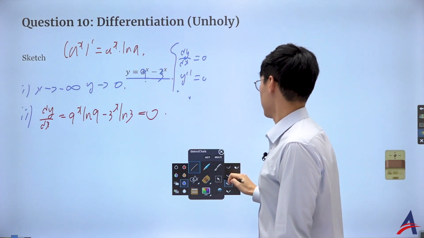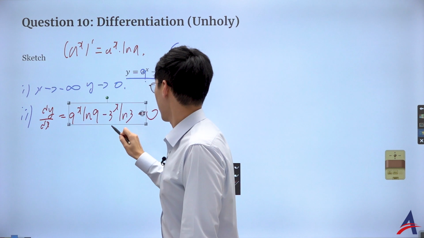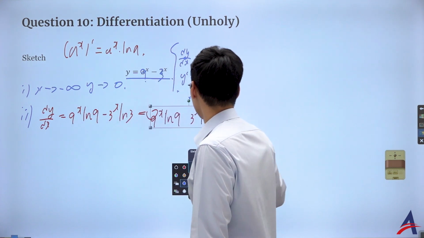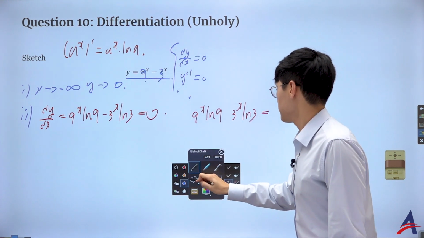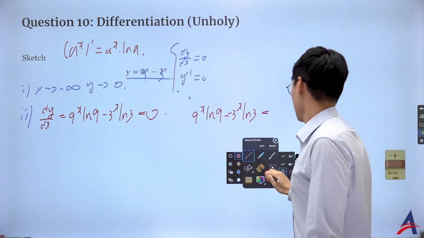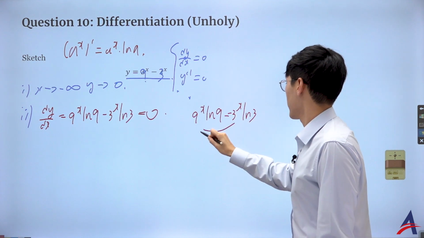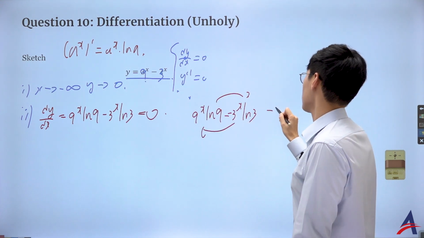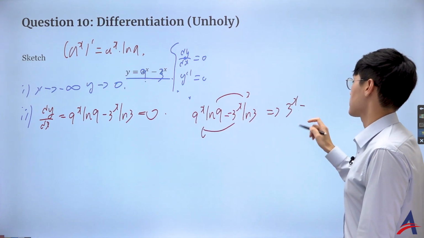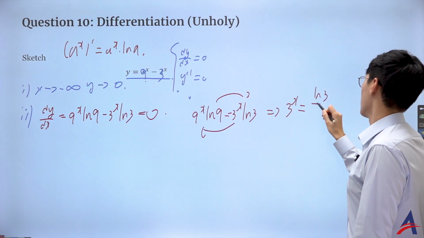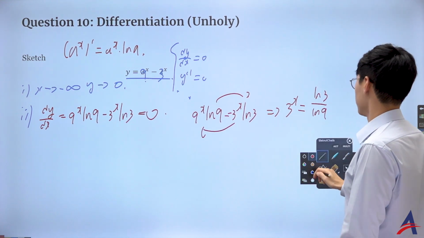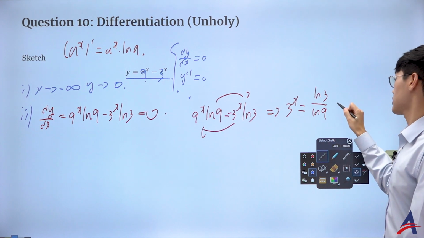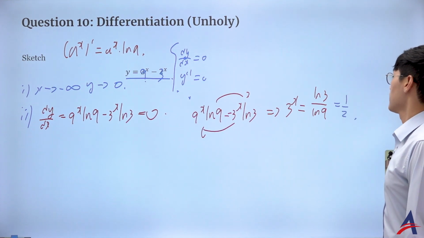So let's see. I want to solve it, so I will do the rearrangement here. No problem. If I just let this be the same, and then rearrange, this is 3 to the power of 2x divided by 3 to the power of x, which yields 3 to the power of x. That's great. Then I get ln 3 over ln 9. I hope that you are able to solve this quickly, simply just a half, right?